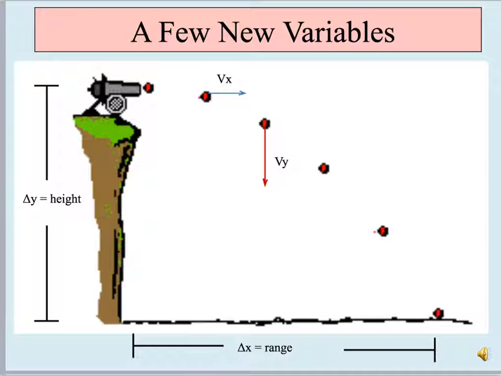So there's a few variables that are new to what we have been talking about up until now. The first one would be Vx, and that's simply the velocity along the x-axis.